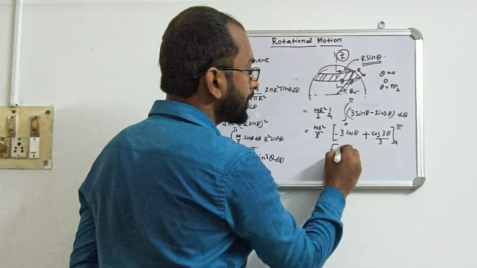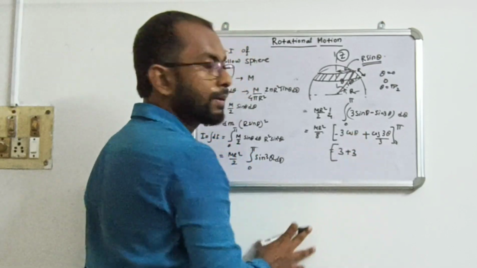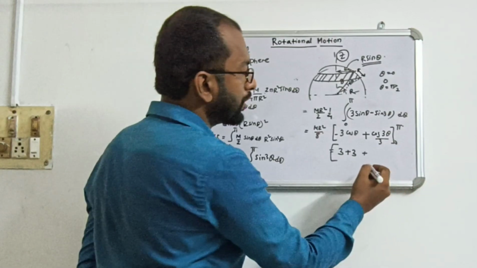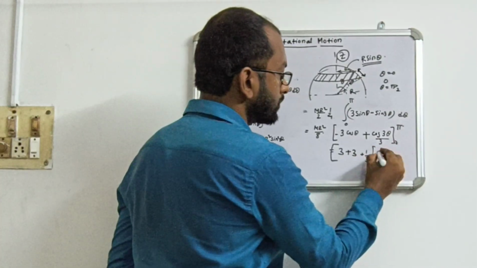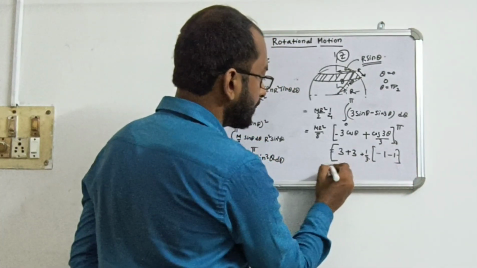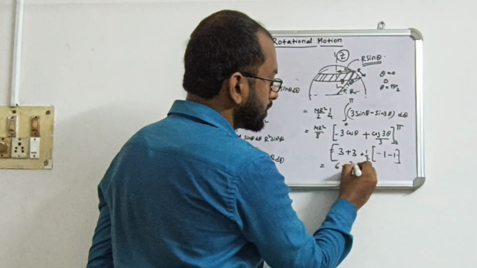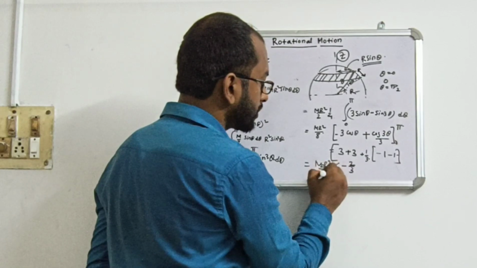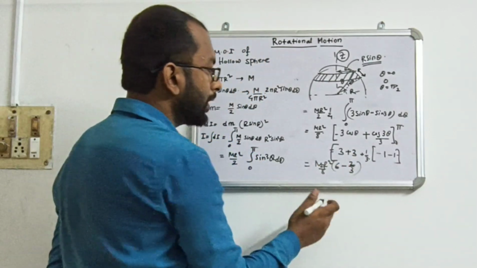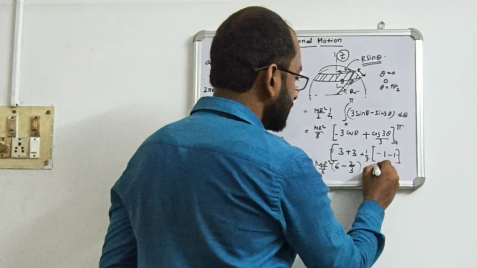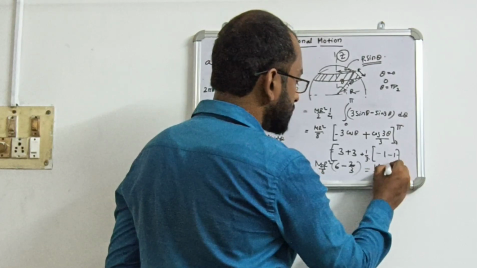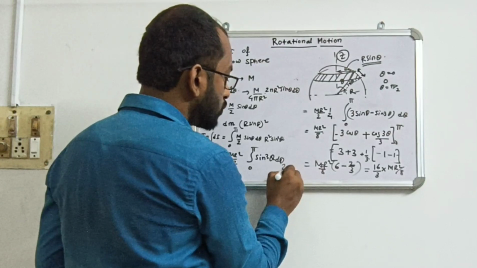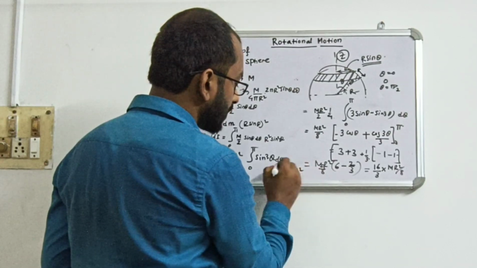If we put pi, we'll get 3, plus we will get 3, and this cos 3 pi minus cos 0 is minus 1 minus 1, so it becomes 6 minus 2 by 3, multiplied by m r square by 8 outside. 18 minus 2 is 16 by 3, 16 by 3 into m r square by 8, so that becomes 2 by 3 of m into r square.